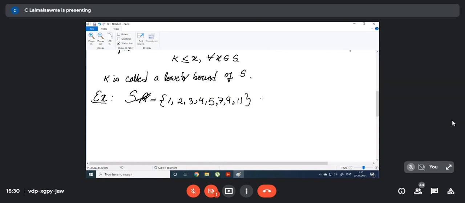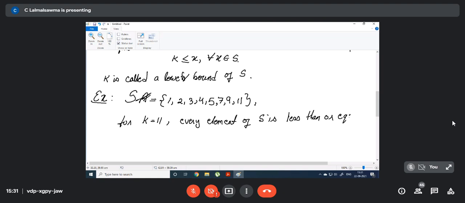Here, if we take k equal to 11, then every element of S is less than or equal to 11. So k is an upper bound.